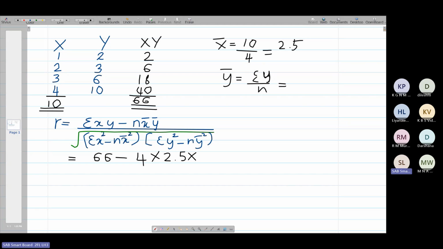What is sigma y? Take the total value here, 21. Then 21 divided by 4 is 5.25. Then we put here 5.25.